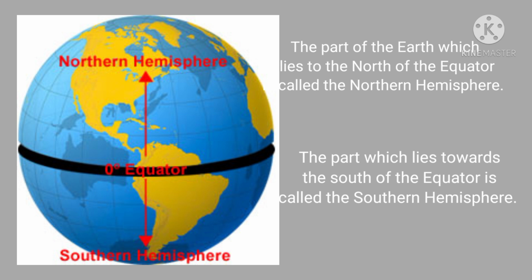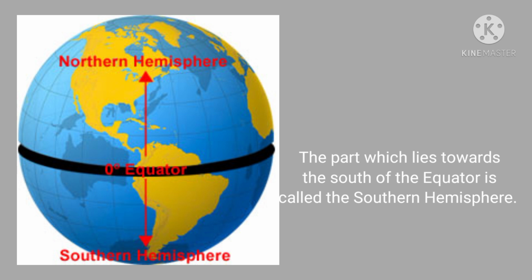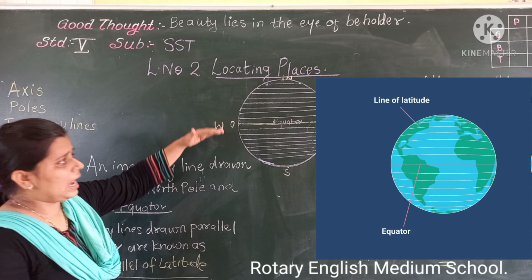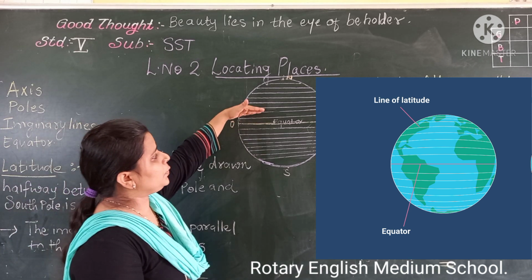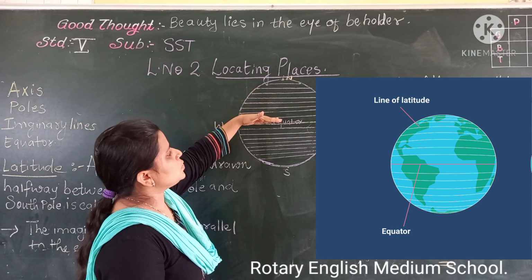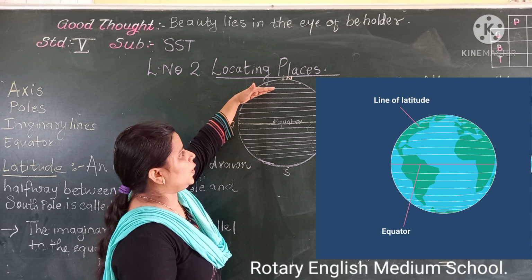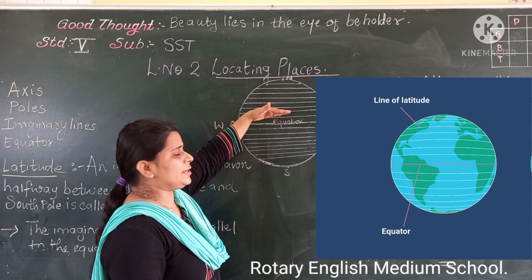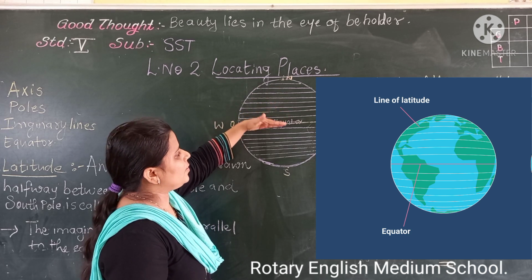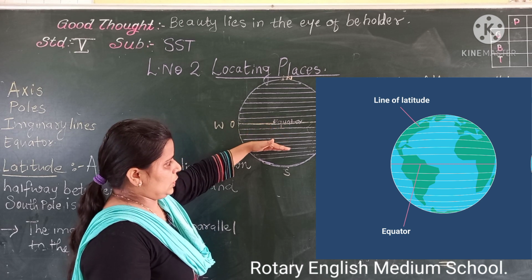Now students, we will see what latitude is. Imaginary lines are drawn parallel to the equator. These lines are called parallels of latitude. Okay, they are drawn parallel to the equator.